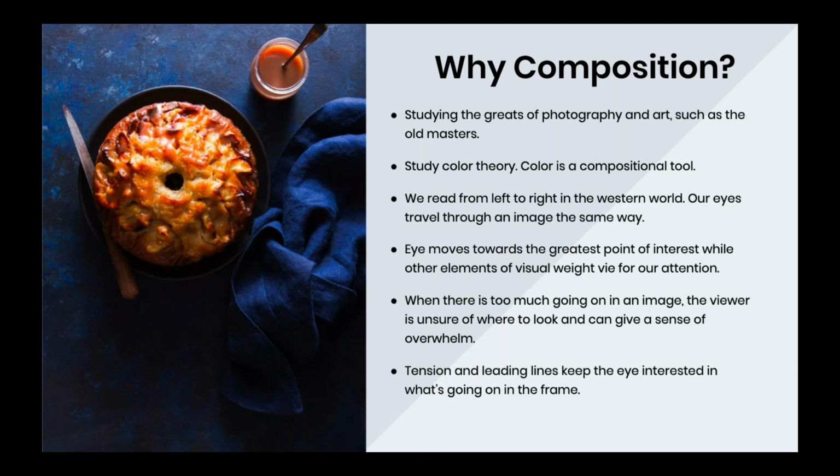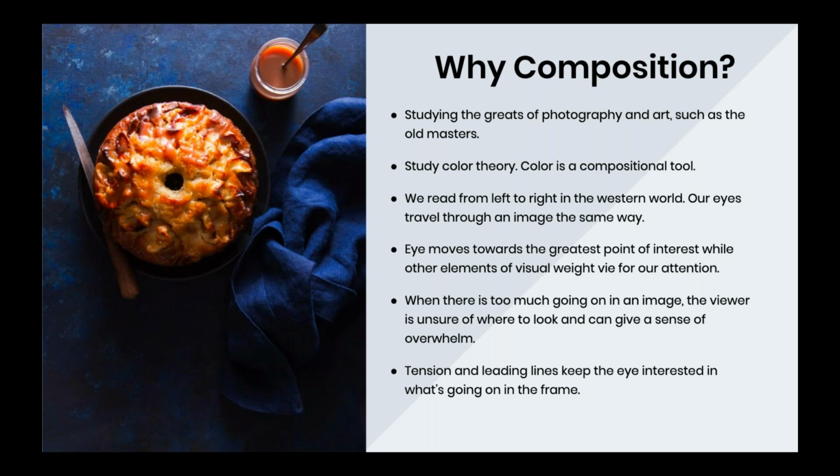And then there are other elements in the frame that have visual weight that are going to vie for our attention. So if we look at this image that I have on the screen here, we have our subject, which is the apple cake. The pattern in here is a little bit more of the curved lines and the flow of the napkin, but then we have some diagonal line with the knife, and we have the spoon and the caramel sauce. So the apple cake is the subject, and the other elements are the props, but they all have visual weight, and that means that they basically take up space in the image.